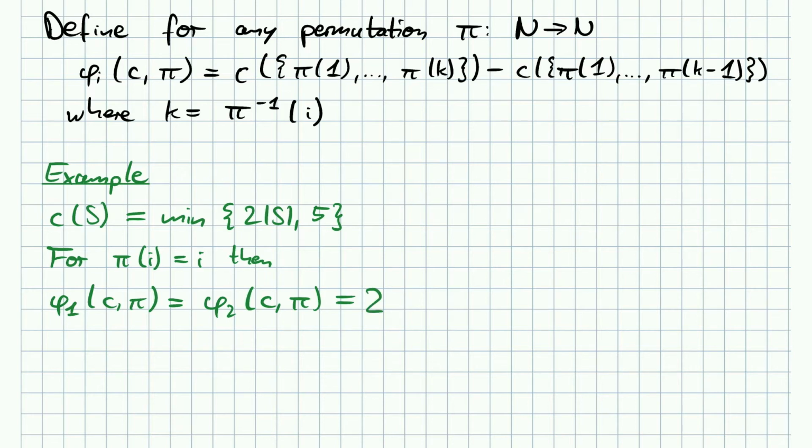The first two agents that we add, they will cost 2. The third agent, they will still cost 1, and the fourth and the fifth agent, they won't cost anything.